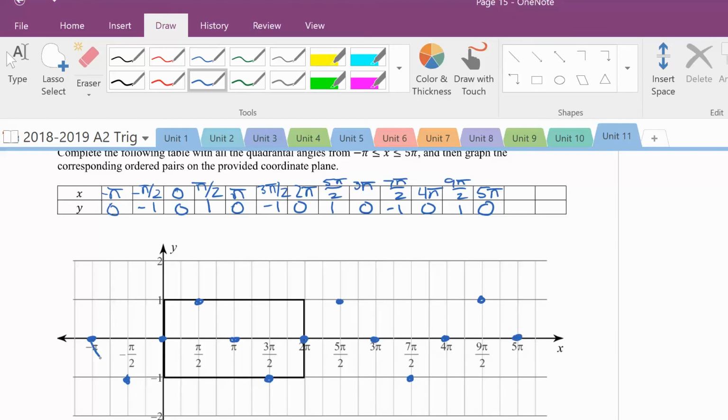Notice when you graph it, it looks like a wave. And it keeps going on and on like that forever and ever.